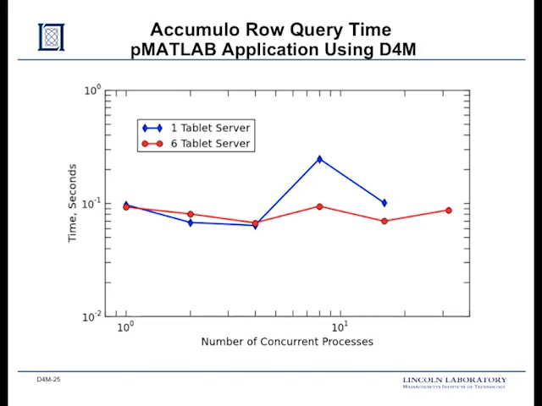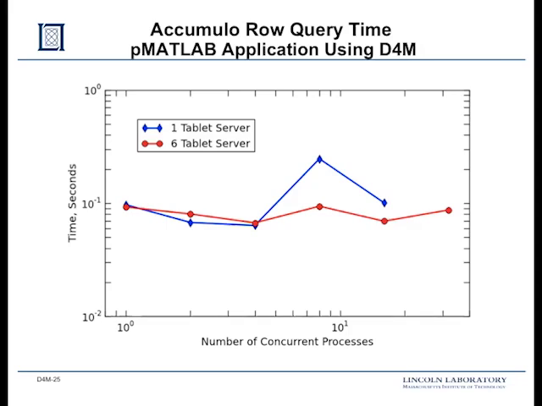We've done a bunch of queries here, lots of different concurrent processes all querying at the same time, and you can see the response time is generally around 50 milliseconds, which is great. And this is the full round trip time. A lot of this could have been network latency for all we know. And so that's what you expect. That's how Accumulo differs. If you do row queries, then you get constant time.